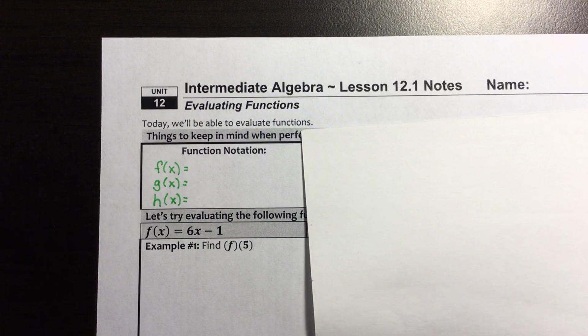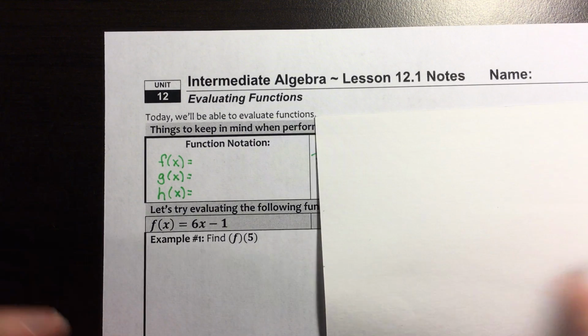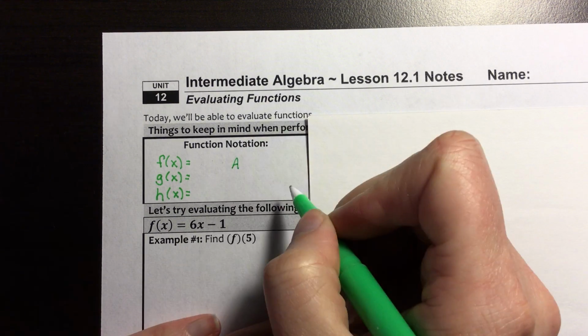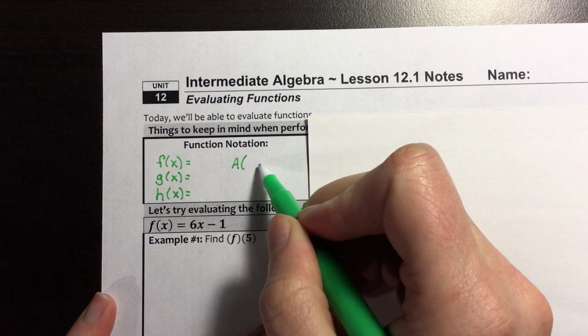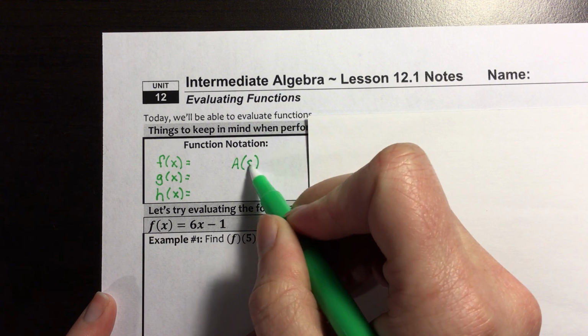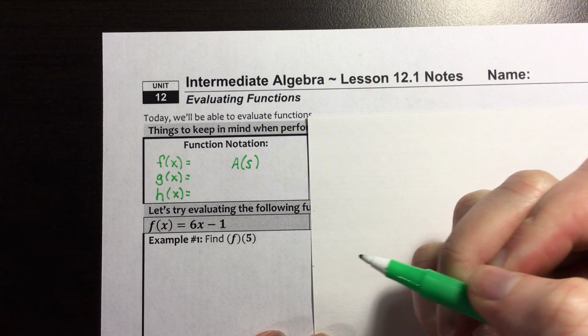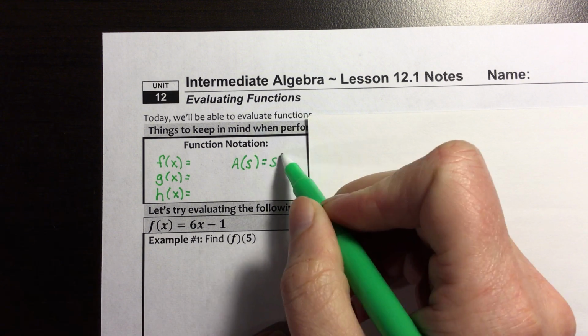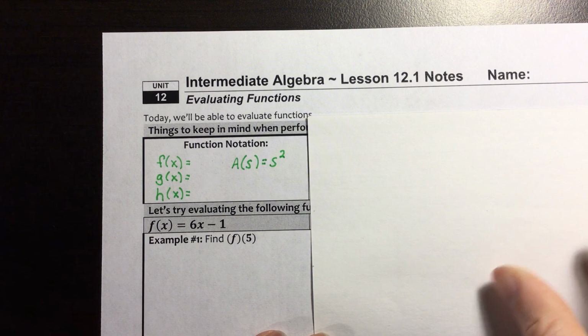Another use for function notation is talking about a very specific thing in the real world, such as area. We can find areas of squares by doing a of and then using s as our variable. So the area of a square function is a of s equals s squared.